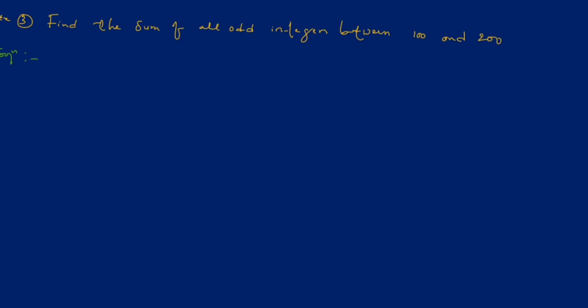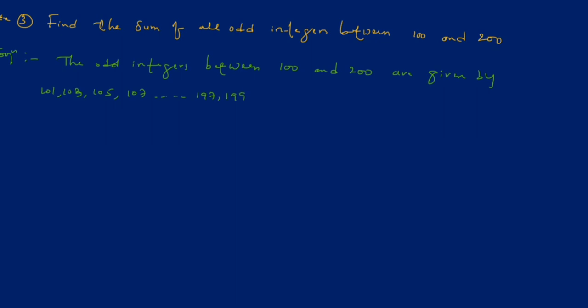The solution: the odd integers between 100 and 200 are given by 101, 103, odd means 105, 107, dash dash dash, 197, 199, right?